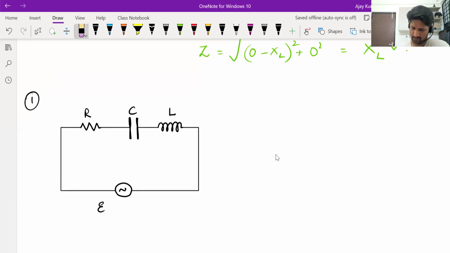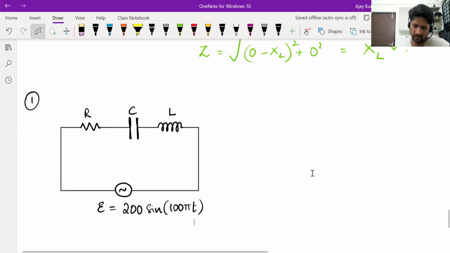Let's say the EMF equation is given to you like 200 sine 100 pi t. Okay, let's take an equation like this.